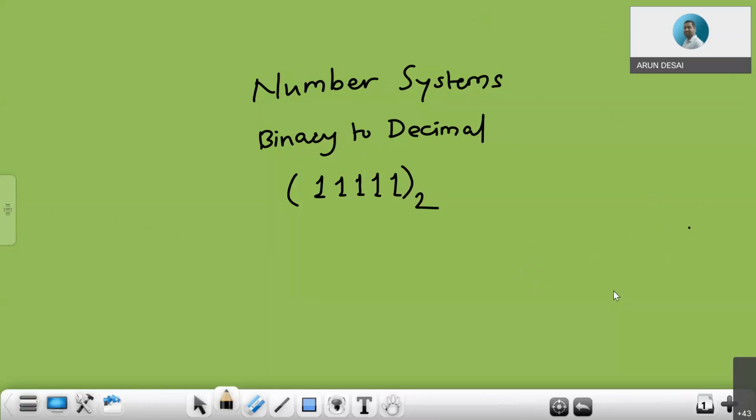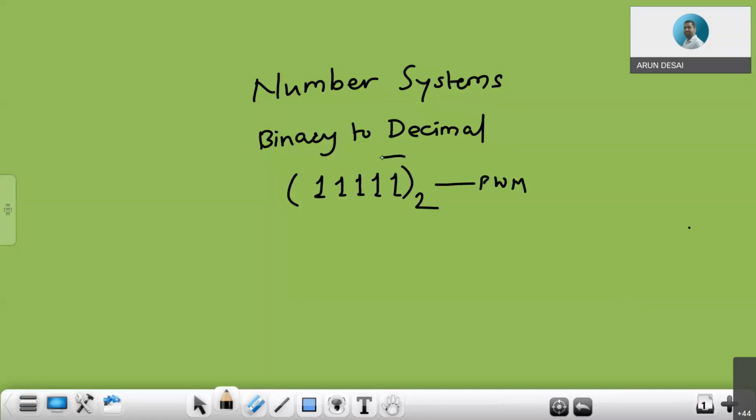Okay. Multiply by 2 raised to n. Arti and Saloni have also given the answer. Since it is the positional weighted method, we need to consider positions, right?